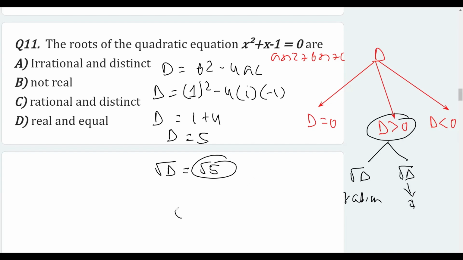Had it been root 25, which is equal to 5, then we would have said rational. So root 5 is irrational, and irrational and distinct should be the correct answer.